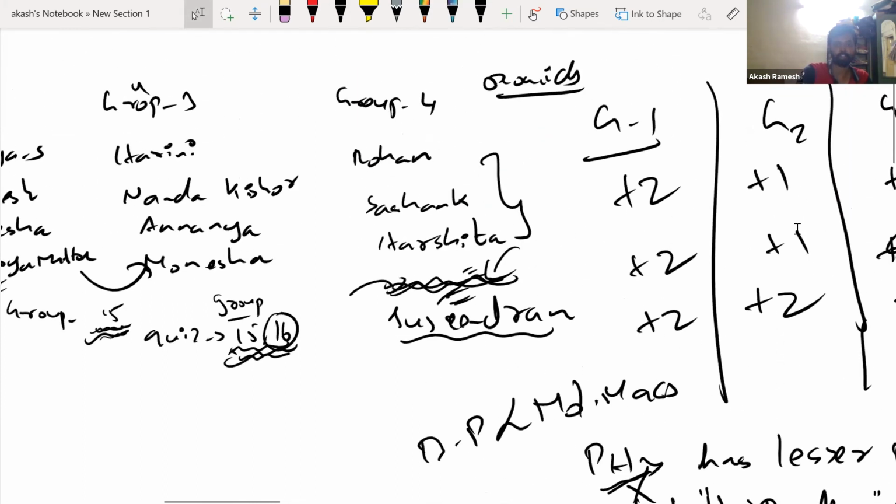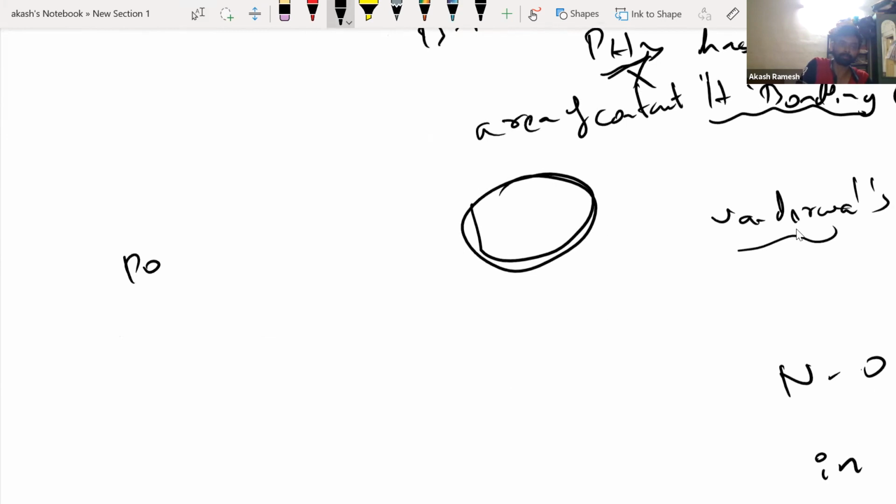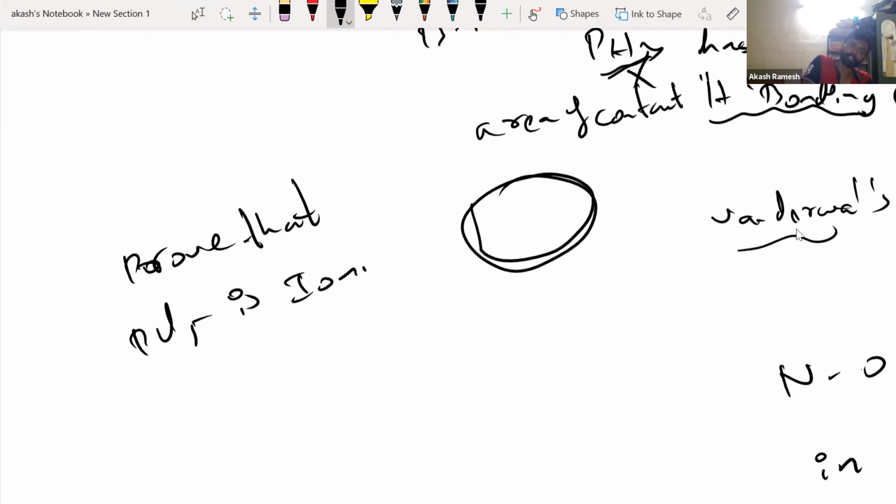Okay, the question is, prove that PCl5 is ionic in solid state. Give proof or justification for this.